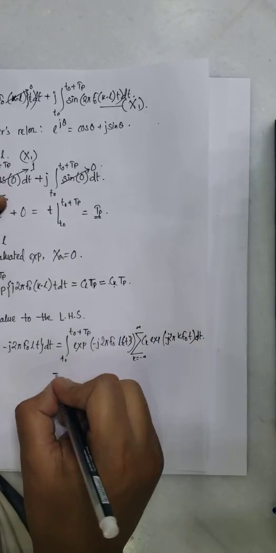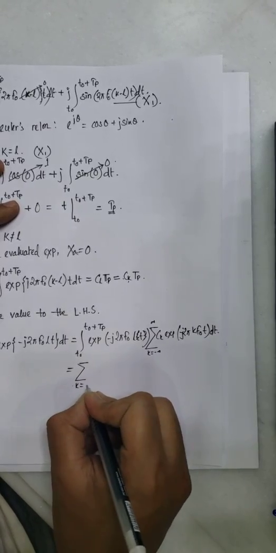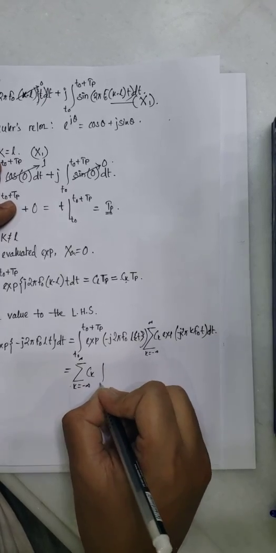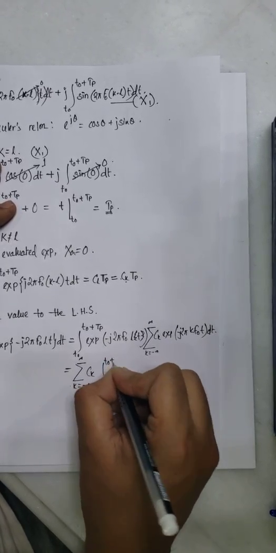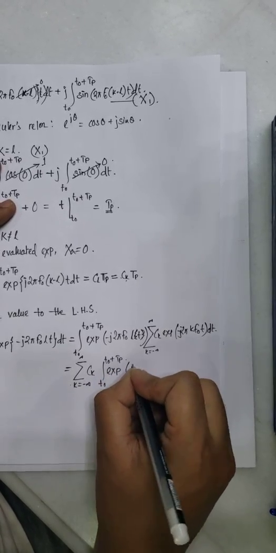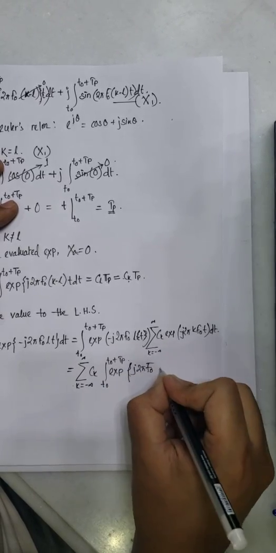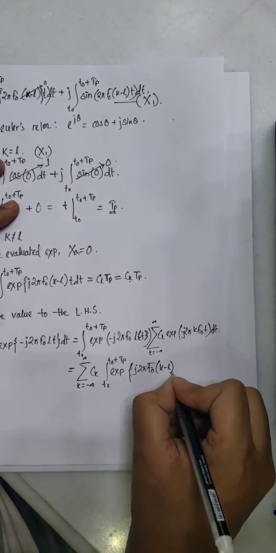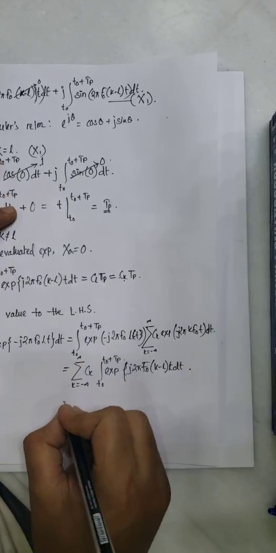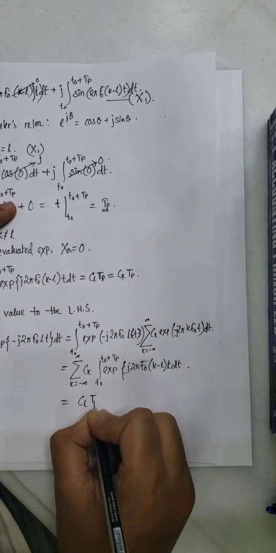We have decomposed this value to be the summation of k, which runs from minus infinity to infinity, of the integral from t naught to t naught plus Tp of e to the power j 2 pi f naught (k minus L) t dt, which we have found to be CLTP.